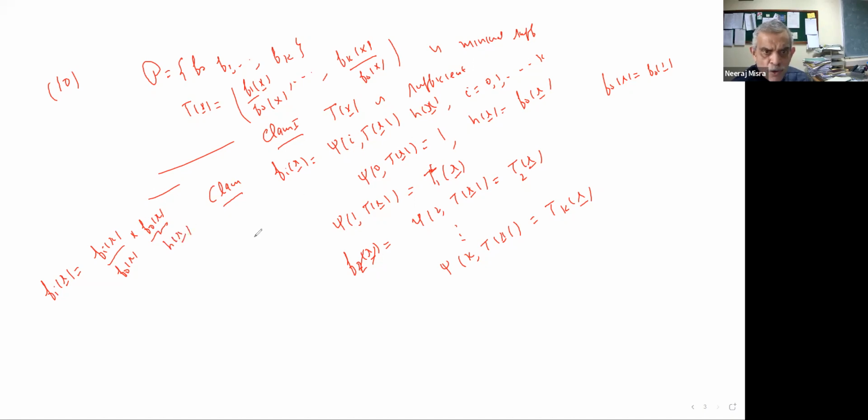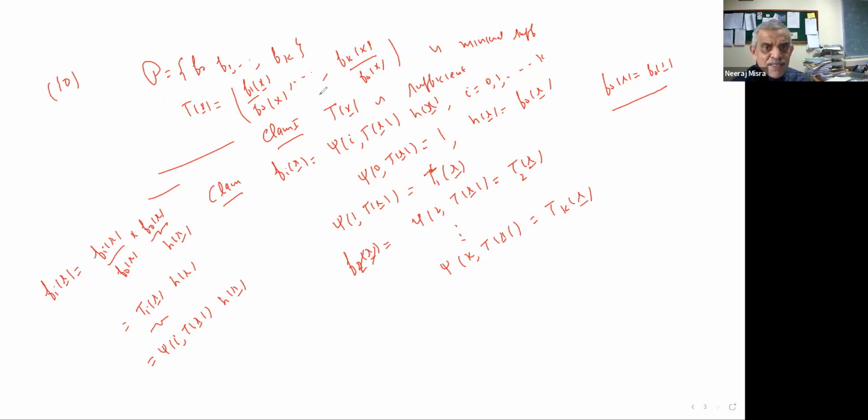Because this is common to all and is not depending on i. And this ratio is the ith component of this vector Tx, so this is Tix into Hx. And I wanted to write this as psi i of Tx, because that is what the factorization theorem says.